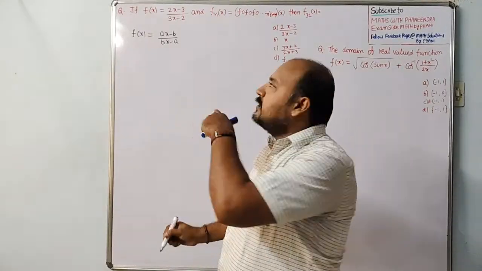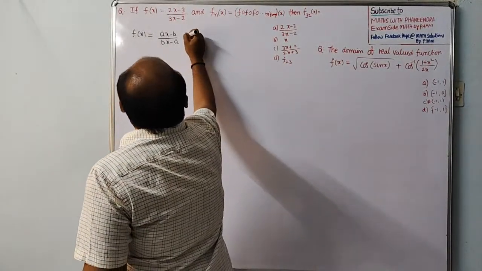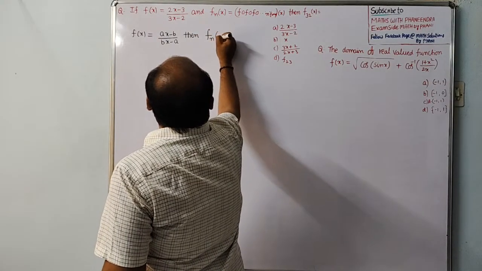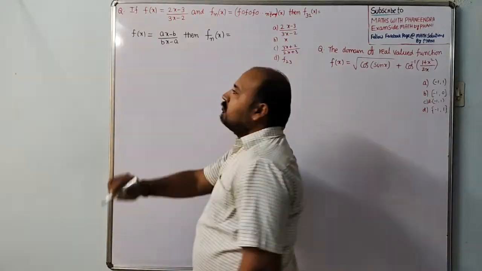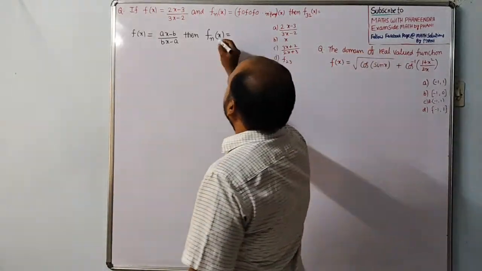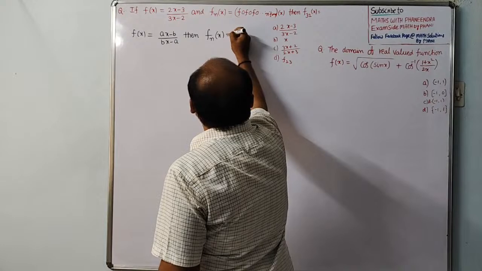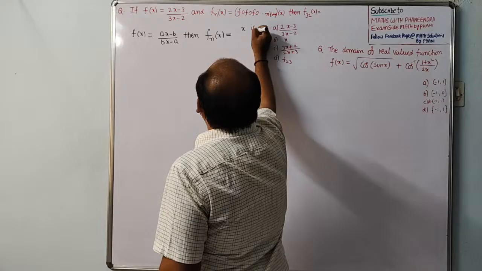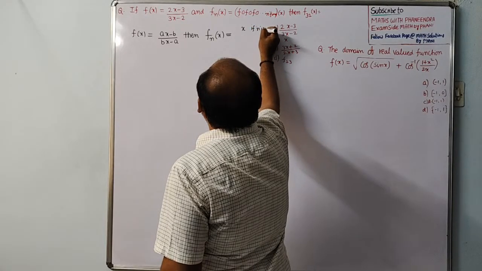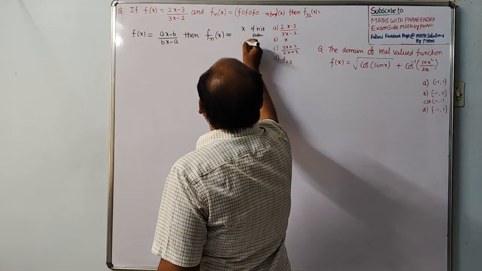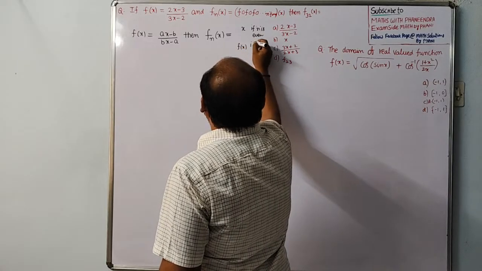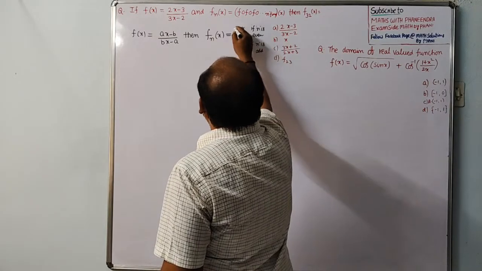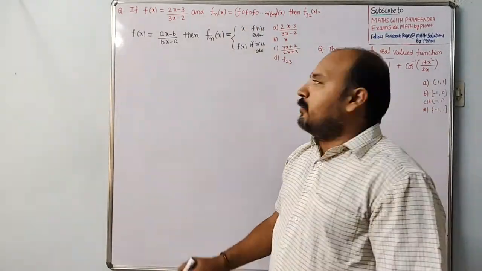Whenever the function is in this form, then f^n of x is equal to x if n is even, and f of x when n is odd. Here I will prove it anyway, but I am going to tell that shortcut formula, short trick.